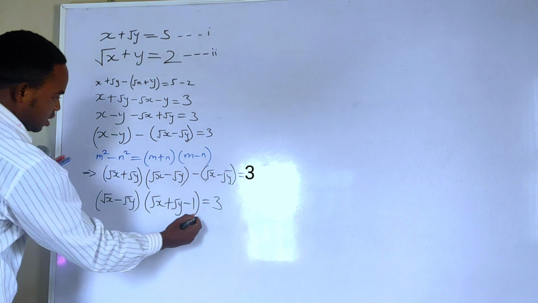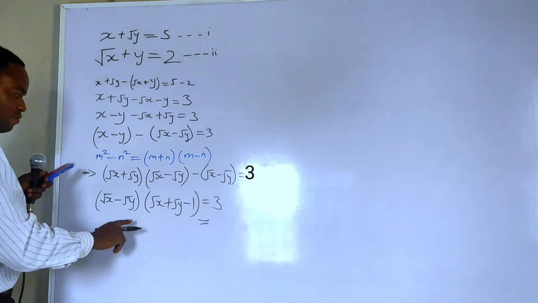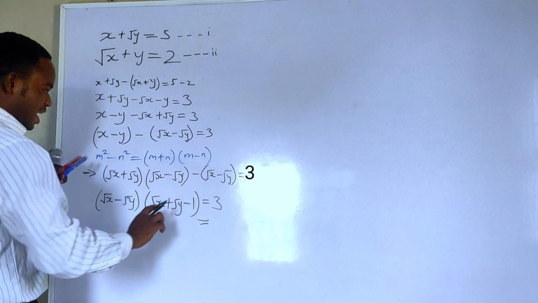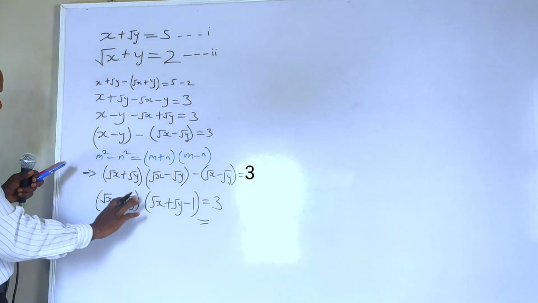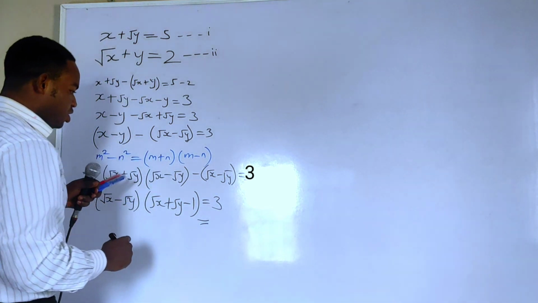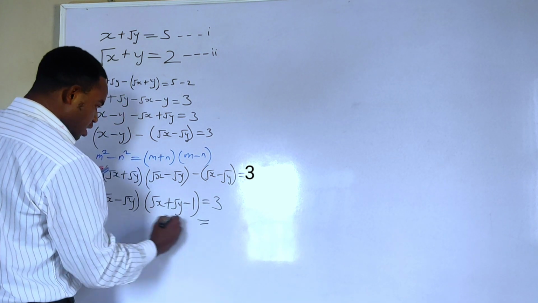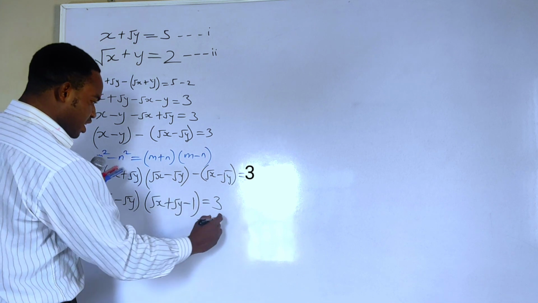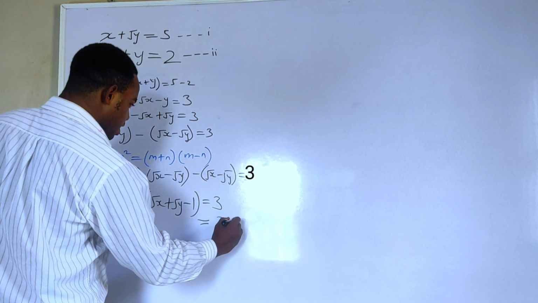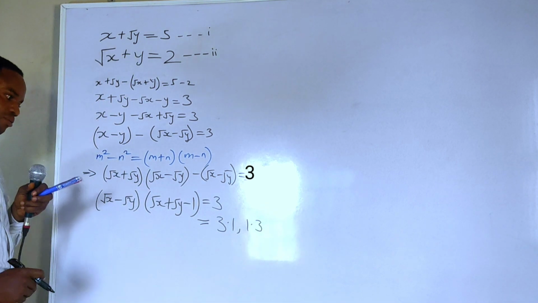Since we have 3 on this side, and we have a product of two factors, as long as these factors are integers, the only possible solutions are if the two factors are 3 multiplied by 1 or 1 multiplied by 3.